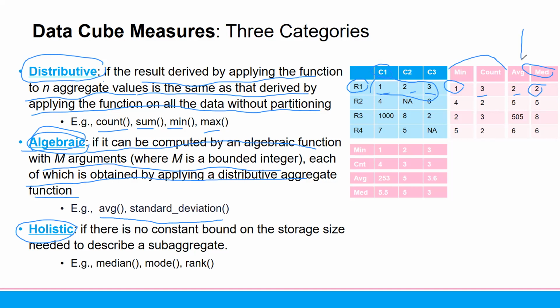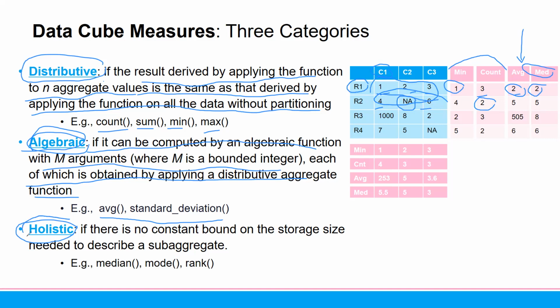You can see here we have the average of this row, which is 2, and the average of this row is 2 as well, 4 plus 6 divided by 2, because the count is only 2. And A is not included because there is no value, so we don't calculate based on it.